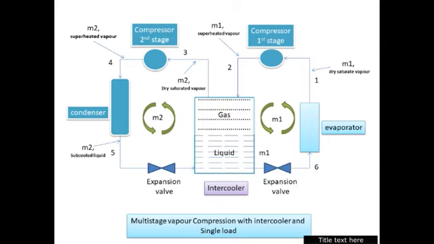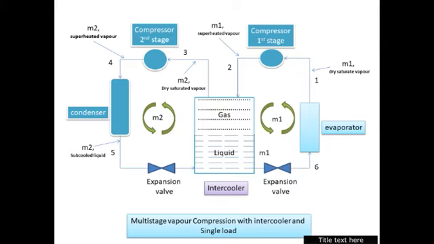When the liquid goes to the evaporator, the evaporator starts absorbing heat from the environment. After getting sufficient heat, it will convert the liquid refrigerant into dry saturated vapor. The dry saturated vapor will come out from the evaporator.